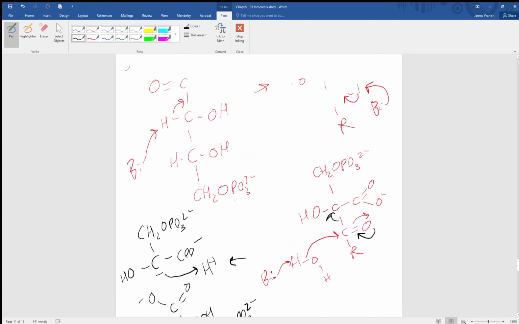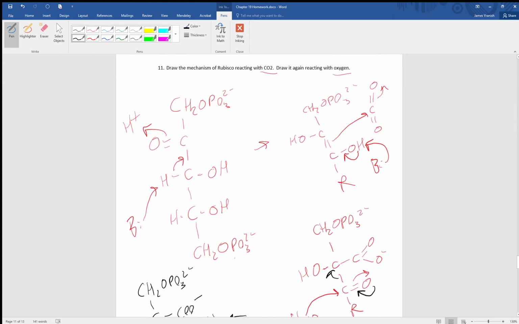The question also asks how to draw this reaction with it reacting with oxygen instead of CO2. We're going to start off in the same way, creating the enediol species here. Then we're going to do the nucleophilic attack using the alkene electrons, but this time on a molecule of O2.